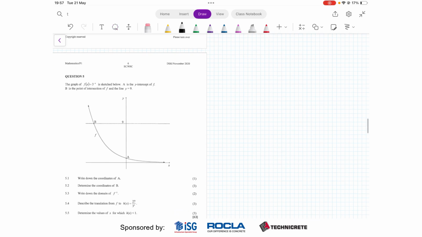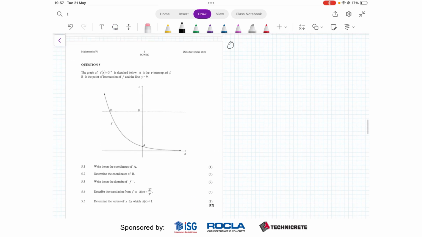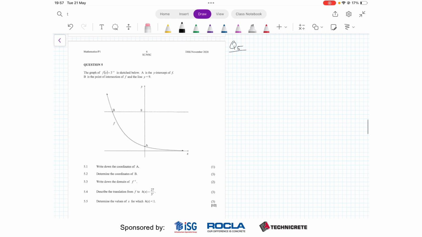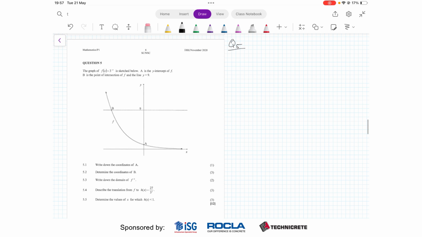Moving on to question 5. Question 5, we are told that the graph of f at x is equal to 3 to the minus x sketched below. A is the y-intercept, and B is the point of intersection of f and the line y equals 9.